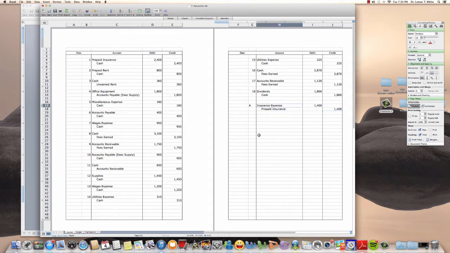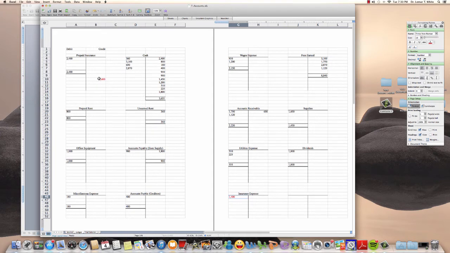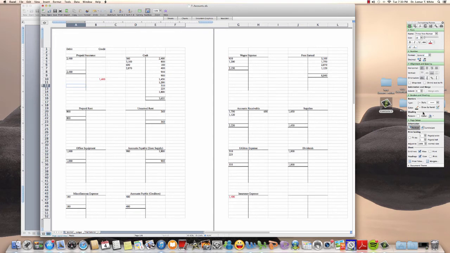My adjusting entry is going to be a debit to insurance expense because I need to add that expense to my accounting records. And I'm going to decrease my asset, which is prepaid insurance, because I no longer have that asset. I used up that asset in the amount of $1,400. So now you see, if we come here and we balance this account, I'm going to put my double lines. Remember, this is an asset account, and asset accounts usually have a normal debit balance.